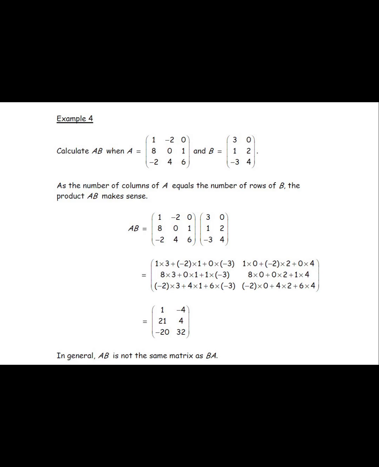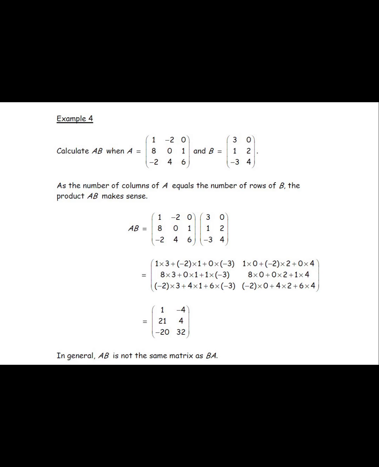And then we need to repeat the same two times more using the other rows with the same column, and then change the column so that we can get the final result, which is AB equals 1, negative 4, 21, 4, negative 20 and 32.